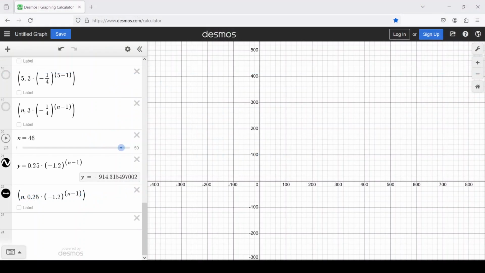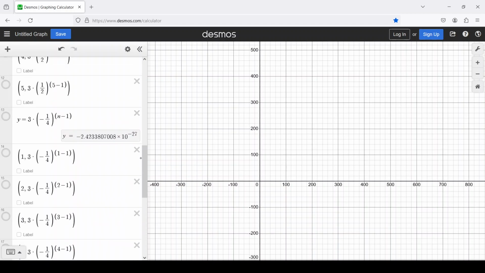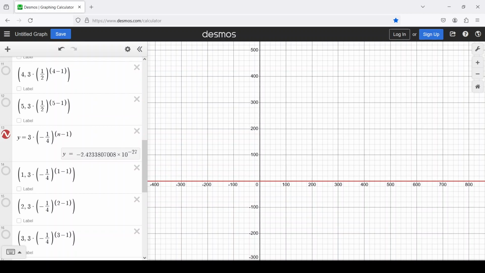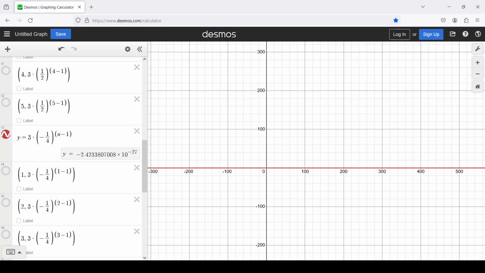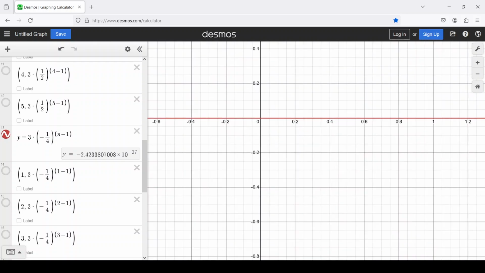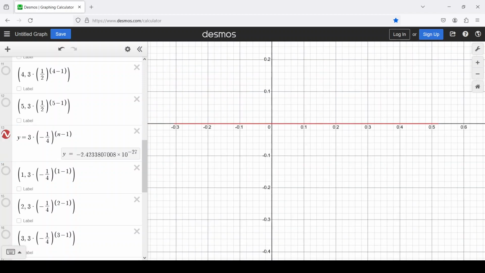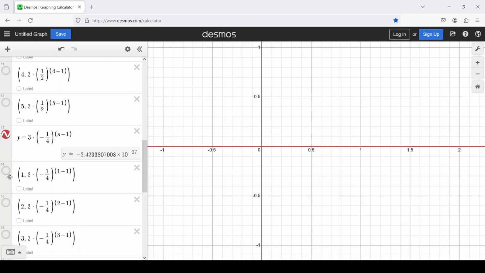Well, switching back over, if I have a general term of 3 times negative 1/4 to the n minus 1, zoom in, and let's put our first term.